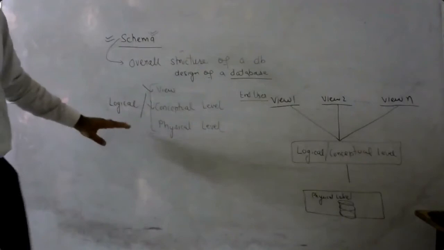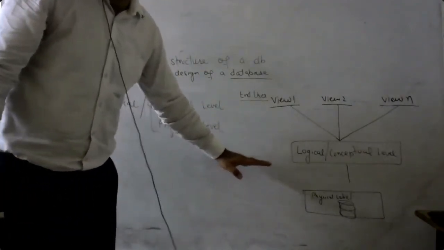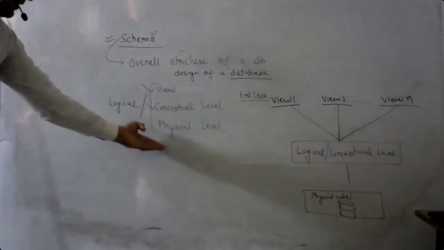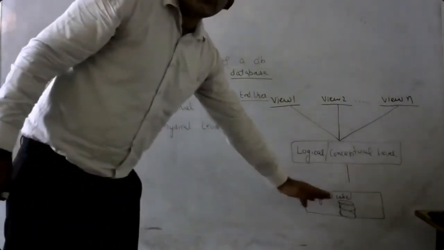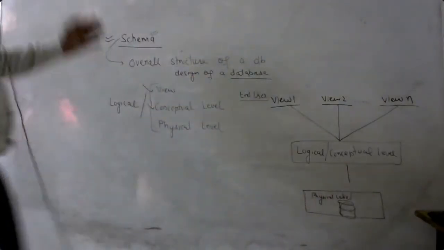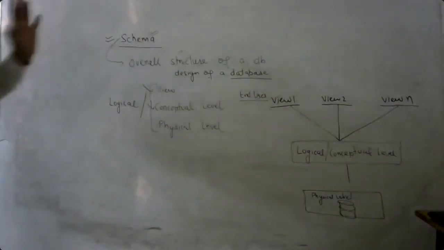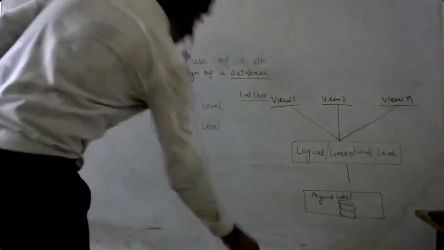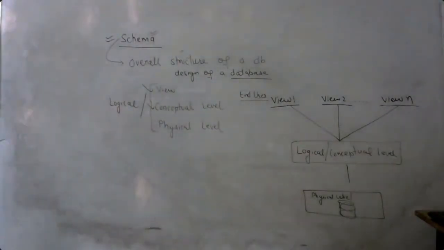Conceptual level or logical level, the level at which the DBA or a developer works. And the physical level, where the data is actually stored. So this subtopic has been covered, what we mean by the schema of a database, the overall design or overall structure of a database. Take the screenshot. So we move forward.